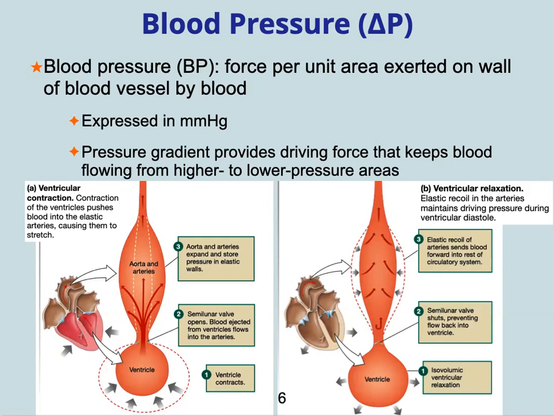And when the ventricle relaxes and the aortic valve closes, the elastic arterial walls will recoil, propelling the blood to continue moving forward into smaller arteries and arterioles. And by sustaining the driving pressure of blood flow during ventricular relaxation, the arteries keep blood flowing continuously through the blood vessels.